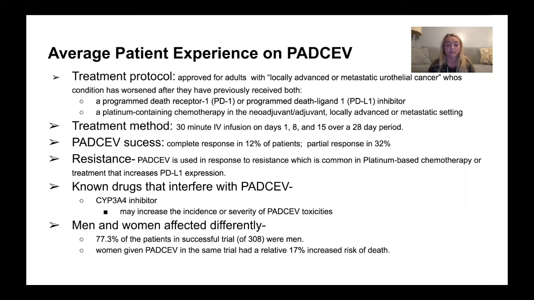Also in the study of 308, 77.3% of the patients in the successful trial were men. And this is the same one that had the complete response of 12% and partial 32%. And whereas in the same trial, women were much lower and they actually had a relative 17% increased risk of death, whereas men typically responded better.